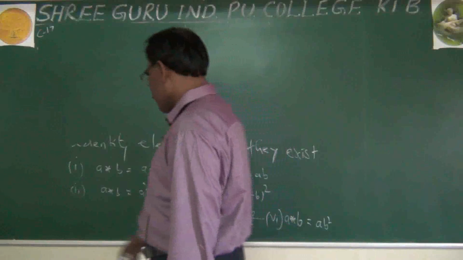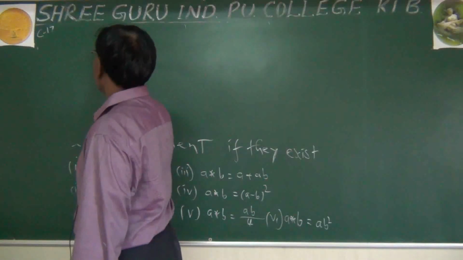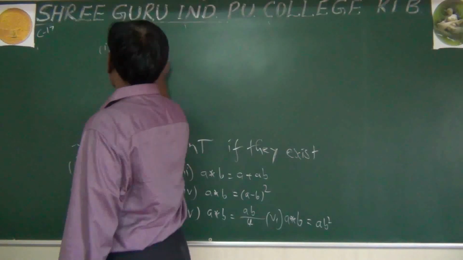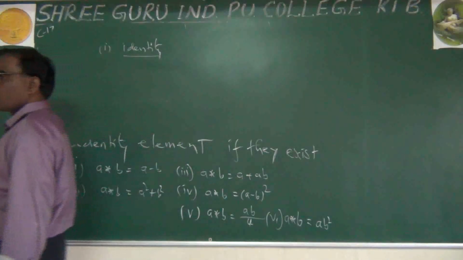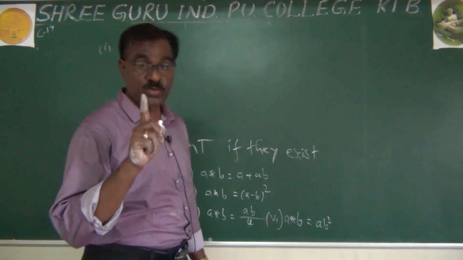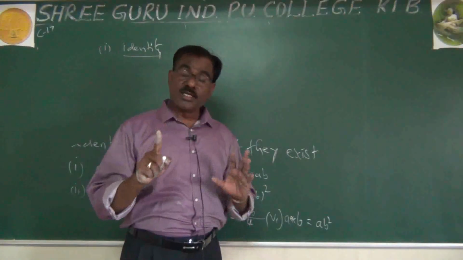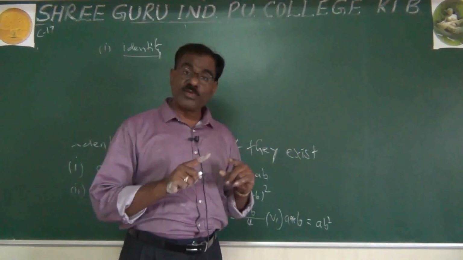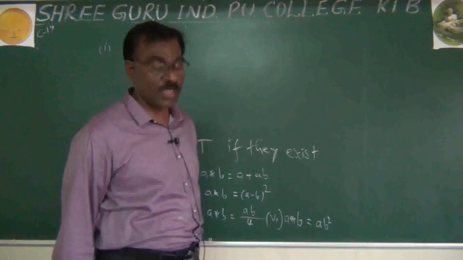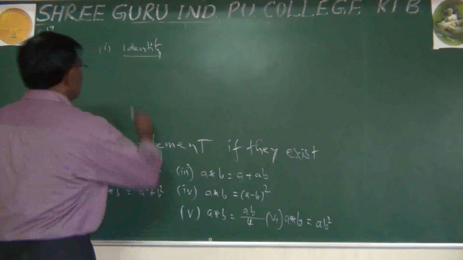Taking the first problem, identity. You have to check both cases, A star E and E star A. Repeating once again, students, identity in both cases are different. Identity element must be unique. What is the first one?